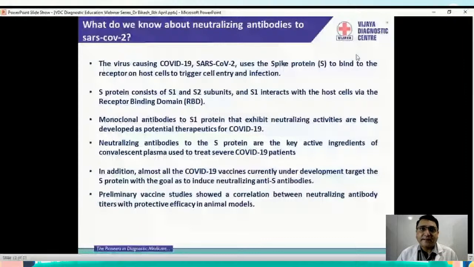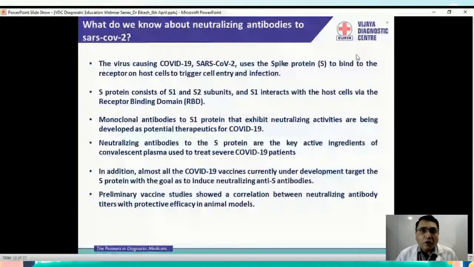The S protein consists of S1 and S2 subunits, and S1 interacts with the host cell via the receptor binding domain. Monoclonal antibodies to S1 protein that exhibit neutralizing activity are being developed as a potential therapeutic for COVID-19. Neutralizing antibodies to the S proteins are the key active ingredients of convalescent plasma used to treat severe COVID-19 patients.